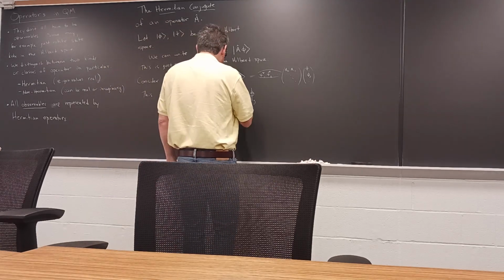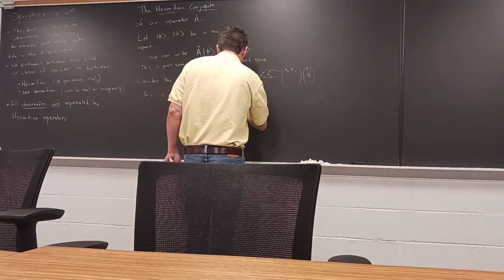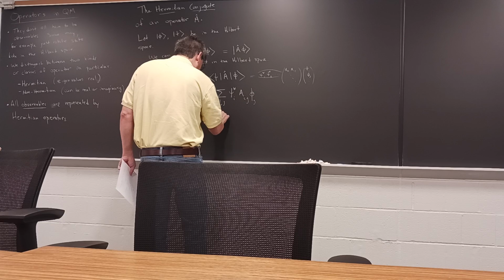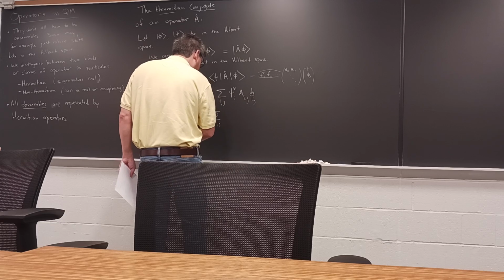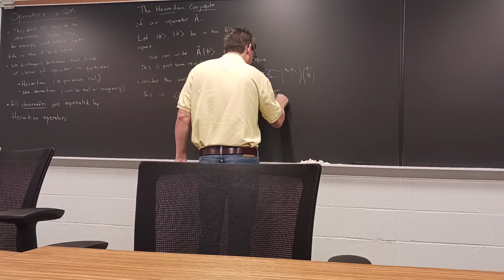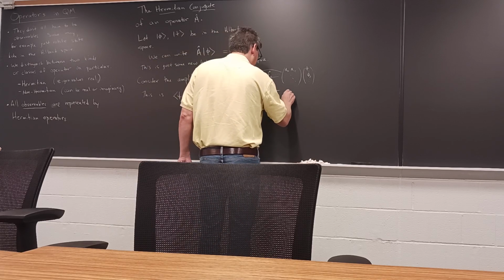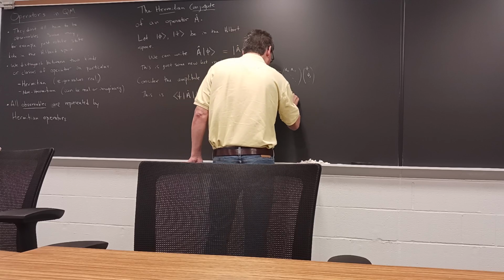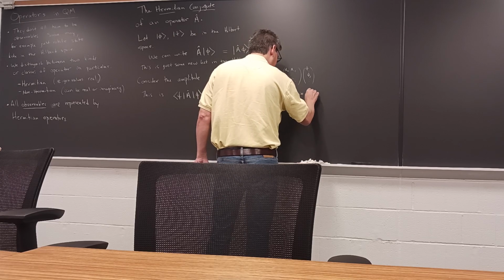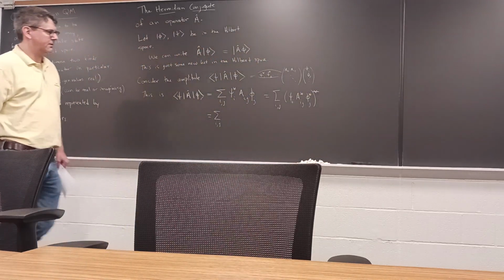So what I can do is I can just rewrite this expression. I can rewrite this as the sum over i and j of, first let me rewrite it here. This is the sum over i and j of psi i, a_ij star, phi j star, and then I can star the entire parentheses.